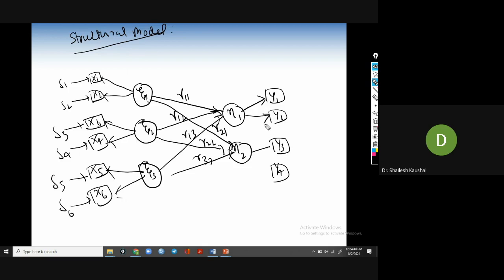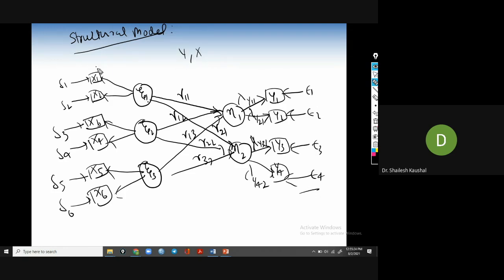Then this is the structure, and here lambda y1 1, lambda y2 1, lambda y3 2, lambda y4 2, and it has error terms epsilon 1, epsilon 2, epsilon 3, epsilon 4.